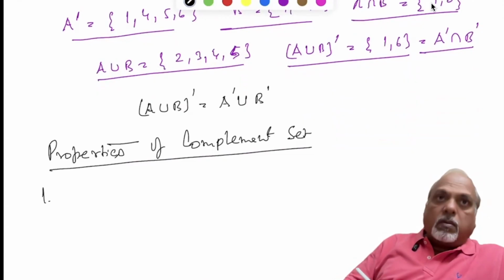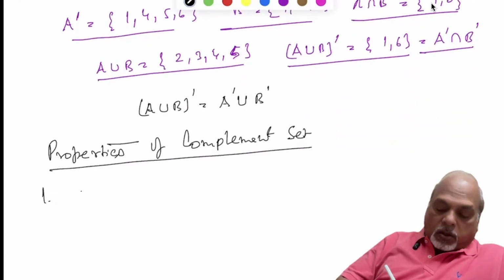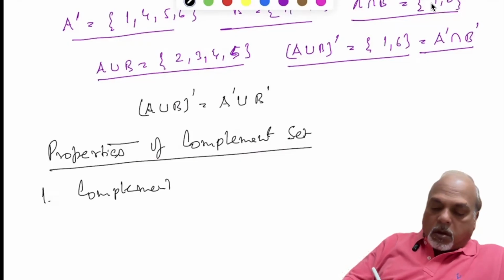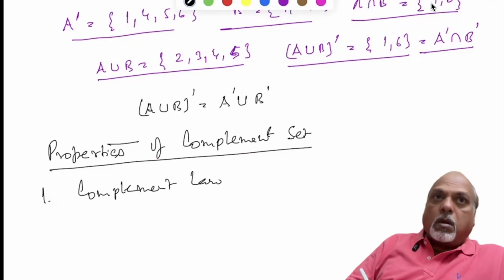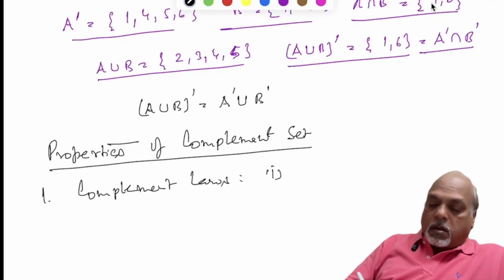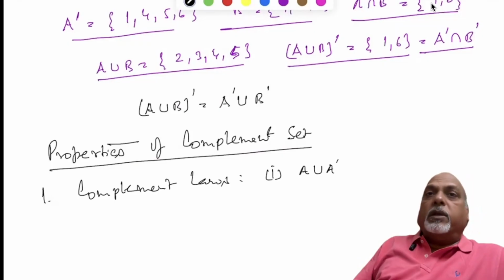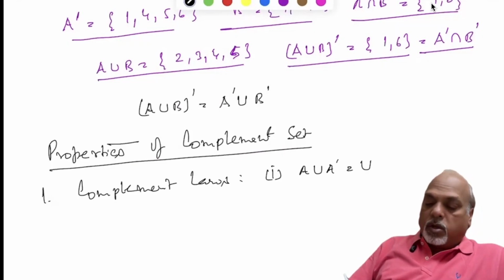One is complement laws. Like A union A dash will be U only. It is quite natural.